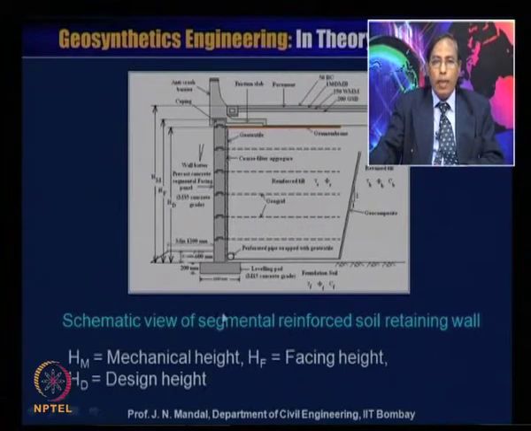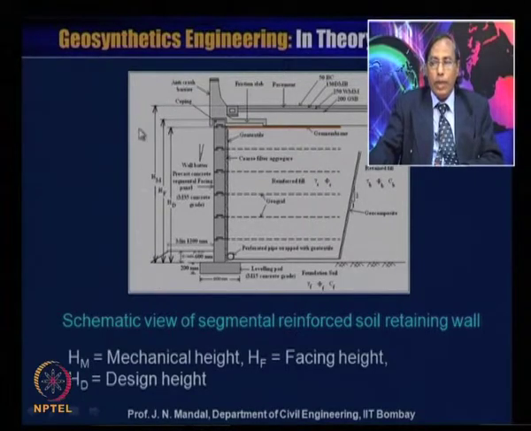we will deal mainly with the design of the GeoGrid reinforced soil retaining wall, where HM here is the mechanical height, and HF is the facing height, and HD is the design height. So whatever you can see, the reinforcement is passing through this, okay, this is the reinforcement height.